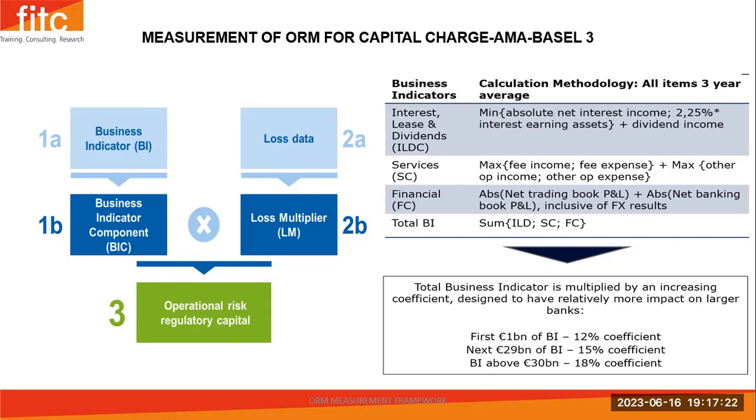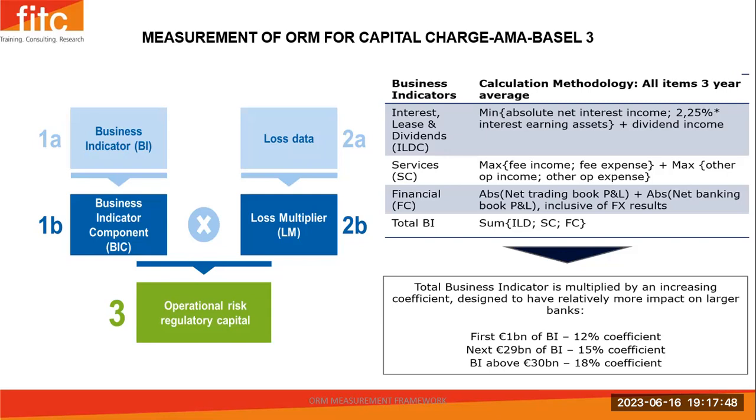Those 2 approaches are based on gross income, so that has been collapsed into one, which you now refer to as the business indicator component. The second parameter is the loss multiplier, which is more like the advanced measurement approach aspect, which is now described here as the loss multiplier.